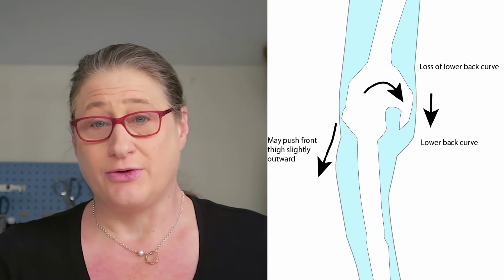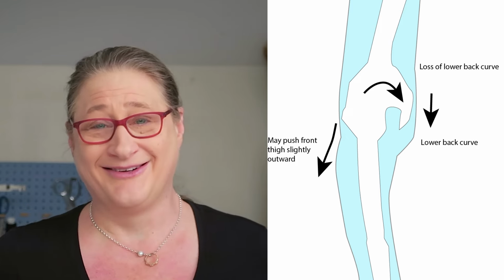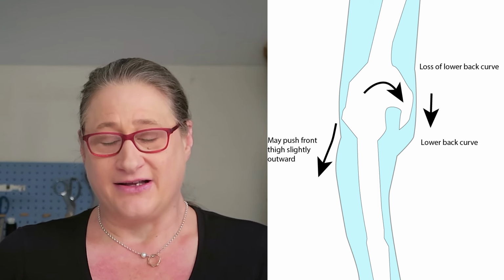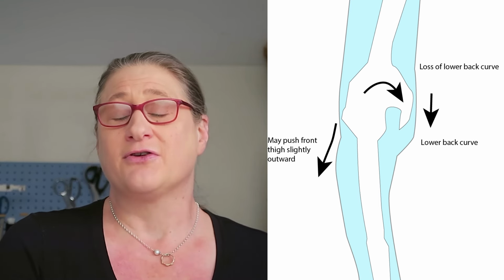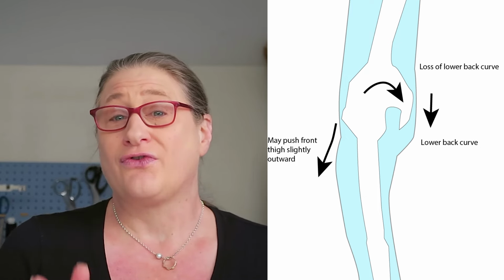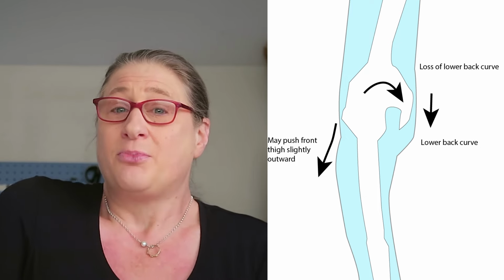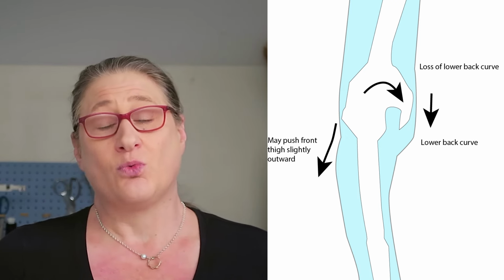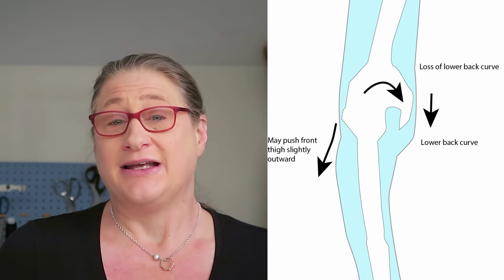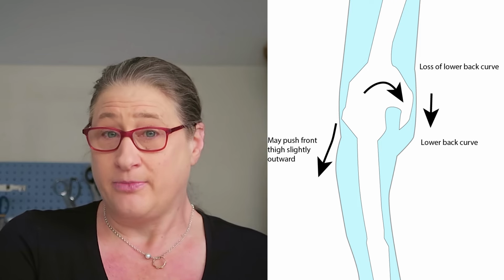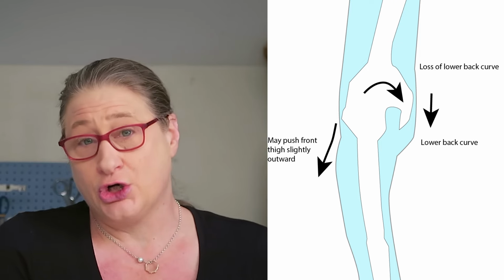So if you look at this illustration that I drew in Illustrator, I was trying to show a side view of the skeleton and the pelvis, and you can see what happens is if your pelvis is tilting backwards, it straightens the curve of your lower back and it kind of pushes your behind lower. And then in the front, it can sort of thrust your upper front thigh out a little bit. Not always, but it could.